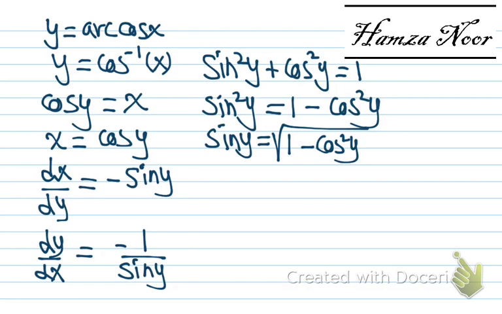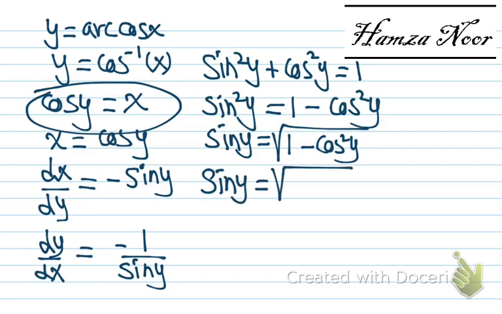And the initial substitution we took was x is equal to cos y. So in place of sine y, we can write under root of 1 minus x squared. Alright. So all we need to do is substitute this.